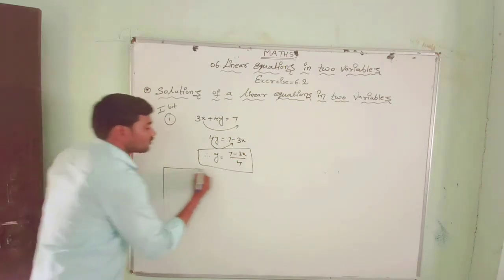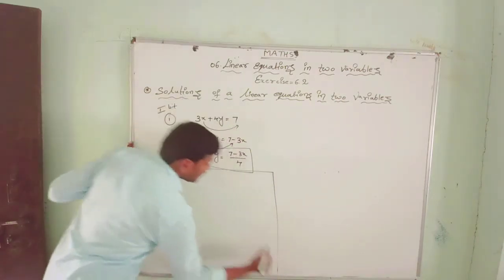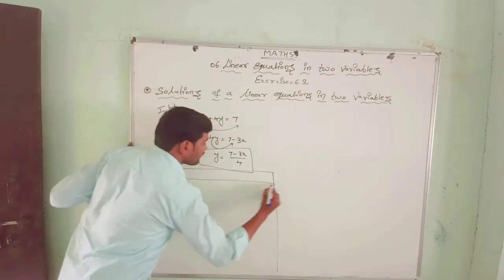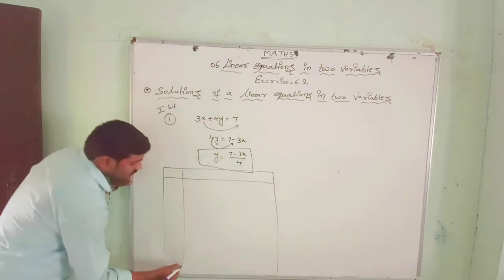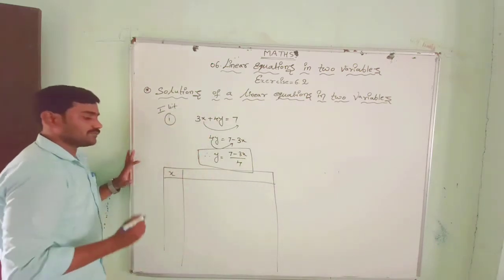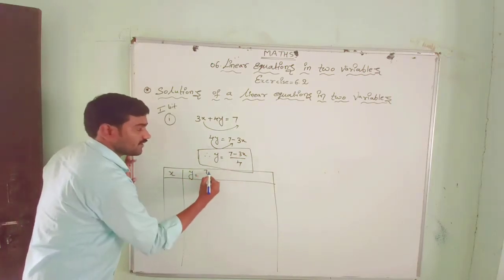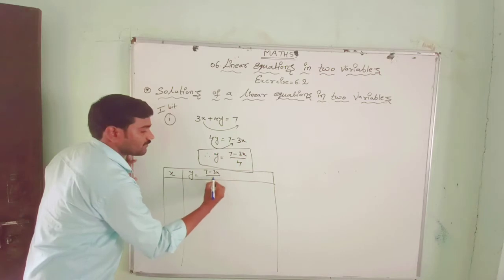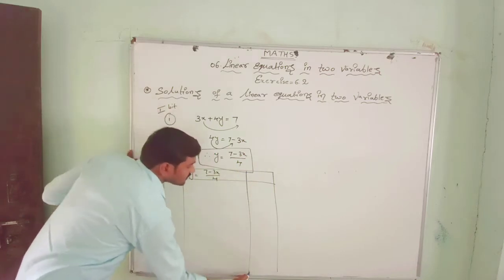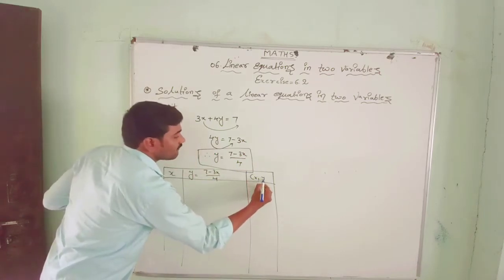Now we have to draw a table. In the first box, we will assume some x values. Here y is nothing but (7 minus 3x) by 4, and next, x comma y.